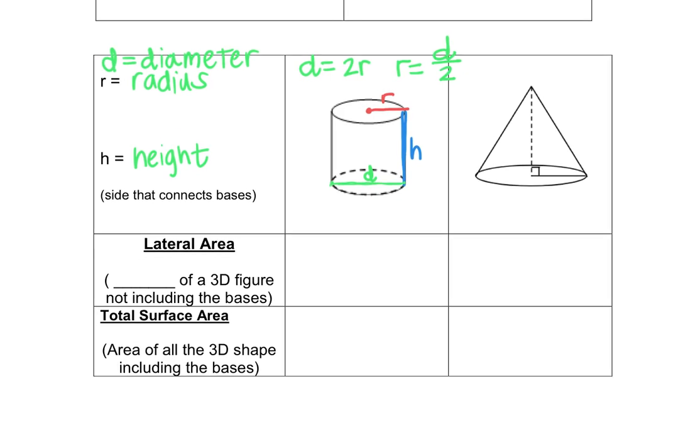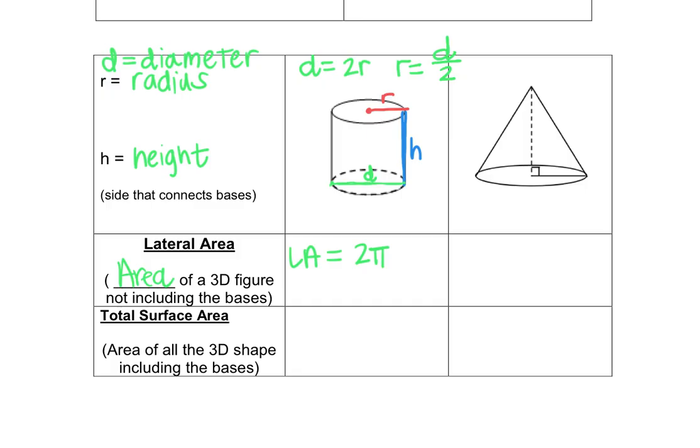For this cylinder, if I want to find the lateral area, which is the area of a 3D figure not including the bases, so your LA, your formula is 2 pi R H. Pi looks like an N, but it's not really an N, it's a pi.